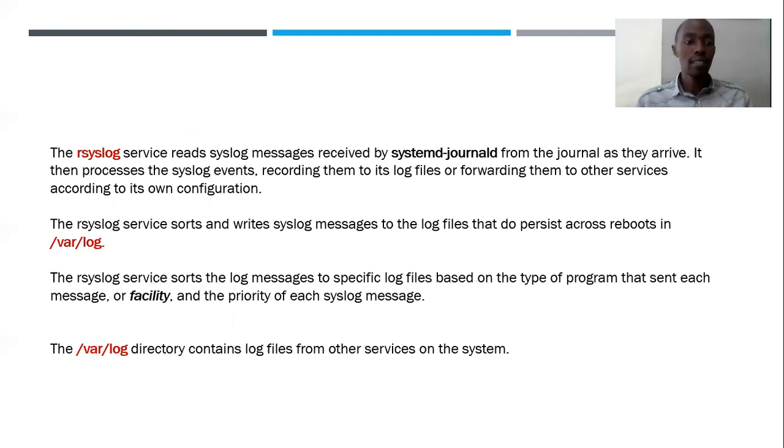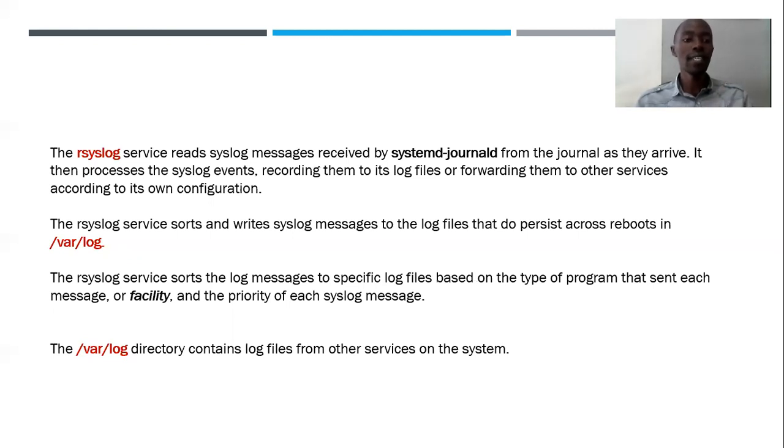Now come to rsyslog. The rsyslog service reads syslog messages received by systemd journald. So you see, the service that comes first is systemd journald, and then these messages, after they are recorded by systemd journald, are handed over to rsyslog.